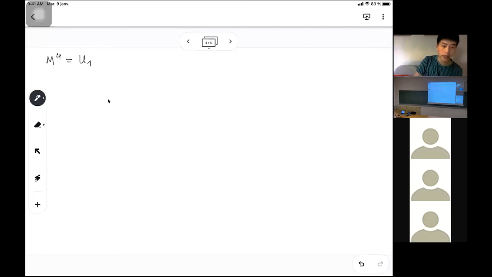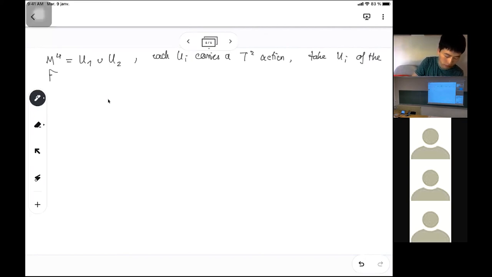So you can write down M as the union of two open sets, and each U_i carries a T2 action, where U_i is of the form union of E theta, and theta is in an open set of S1, say half of S1.